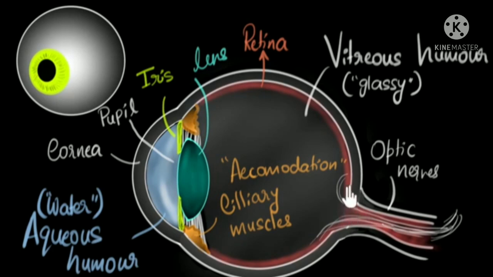Their job is to carry the signal all the way to the brain so that the brain can process the information. The jelly-like substance, the vitreous humor, maintains the shape of our eyeball. The iris regulates the size of the pupil, which in turn regulates the amount of light that enters our eyes. And finally, the ciliary muscles regulate the power, optical power of our eyes, depending upon the viewing distance.